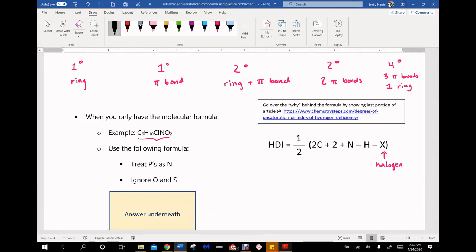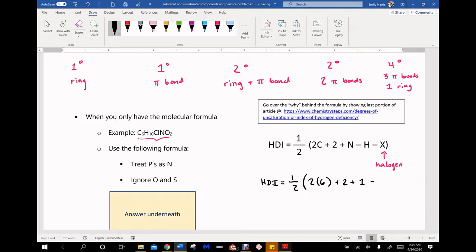So we're going to start off with our hydrogen deficiency index, aka the degrees of unsaturation, equal to 1/2 times 2 times your number of carbons, which is 6, plus the number 2, plus your number of nitrogens. In our formula, we just have 1 nitrogen. Then we're going to subtract the number of hydrogens.